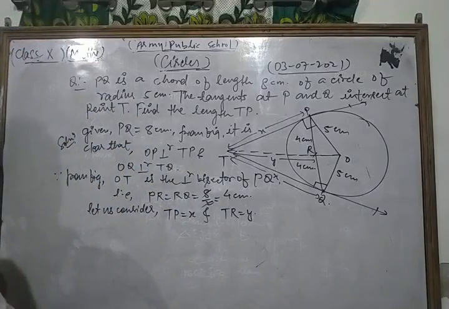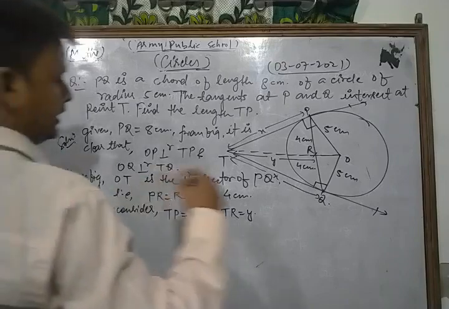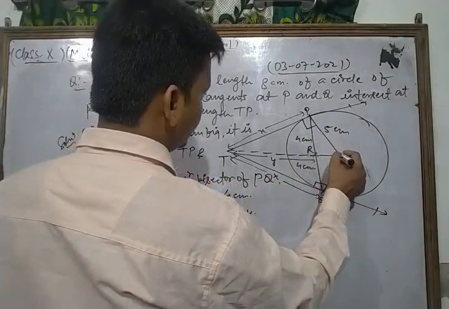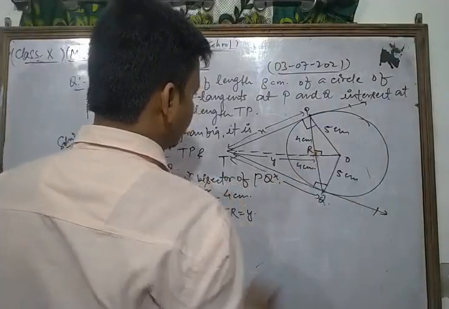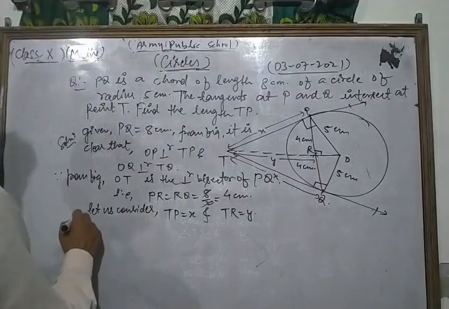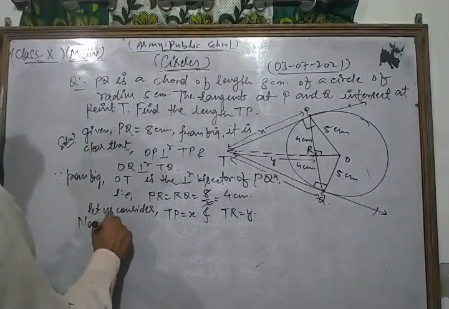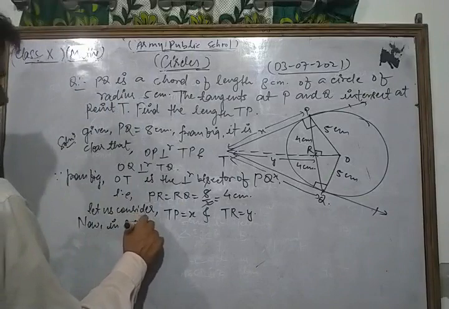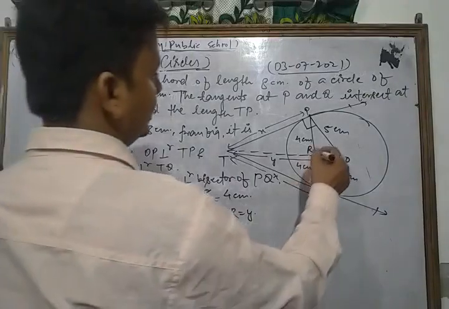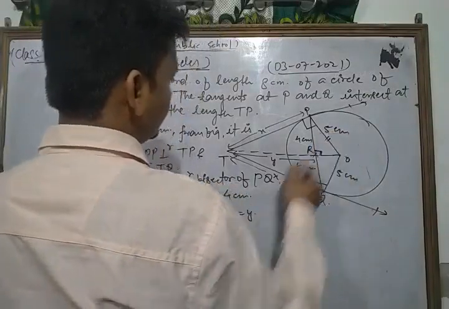Okay. Now what do I do? Now in right triangle ORP, this is the perpendicular bisector. In triangle ORP, this angle is 90 degrees, so OP is your hypotenuse.